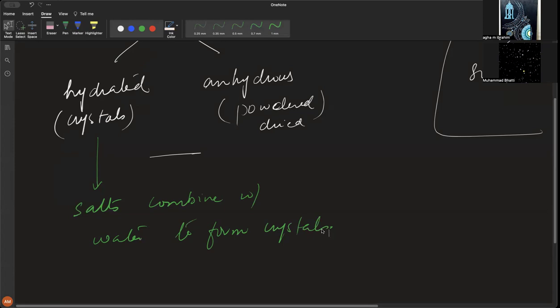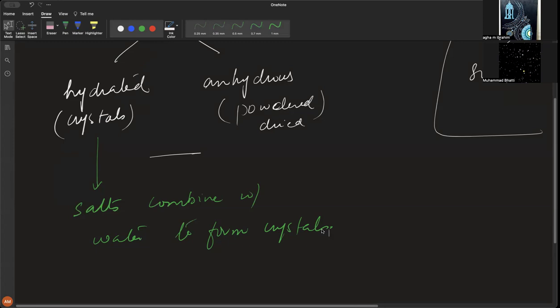We are going to go into the complete method of crystallization. Crystallization takes place when you boil or heat a salt solution and then leave it at room temperature to cool down. When it cools down, it forms crystals.